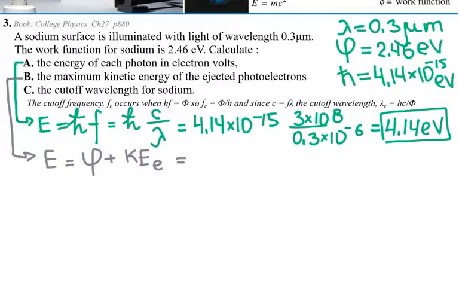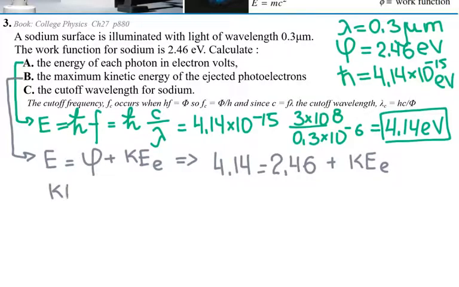So you have the photon energy, 4.14, minus the work function, 2.46 electron volts, and what's left is the kinetic energy of the electrons, which is 1.68 electron volts.